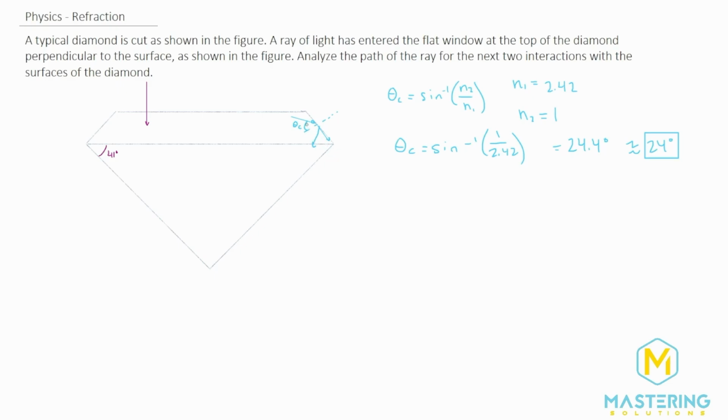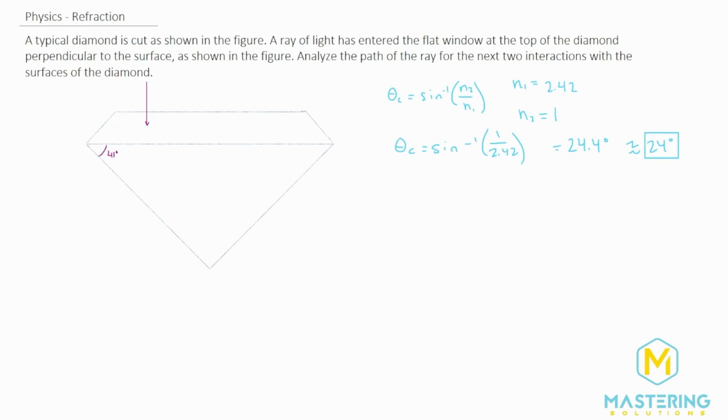If we get one that is less than this, so we're coming in steeper, well, now it's not at a shallow enough angle and we will get some refraction out of the diamond. And so as we analyze the path for the next two interactions of the diamond, if we get an angle that's less than 24 degrees, we will not get total internal reflection. That's basically what we're trying to see.